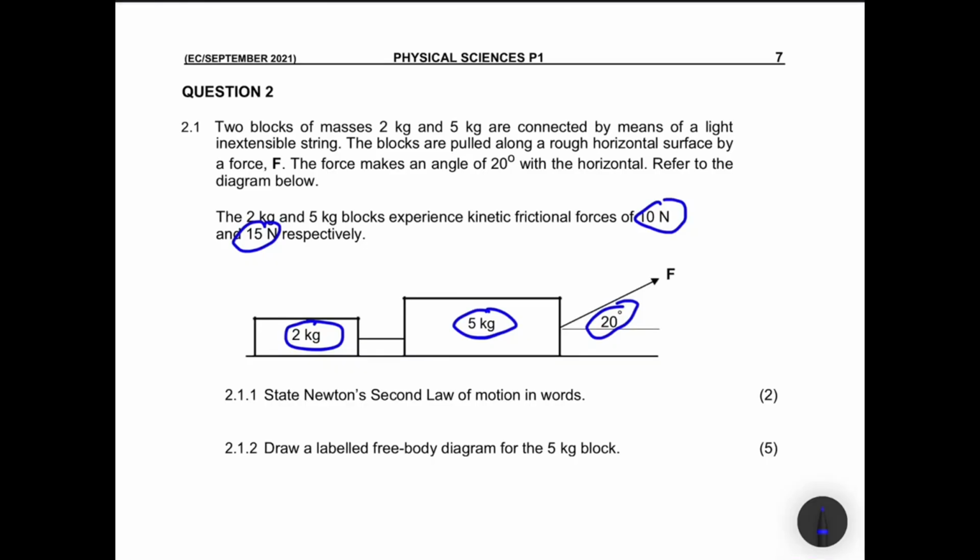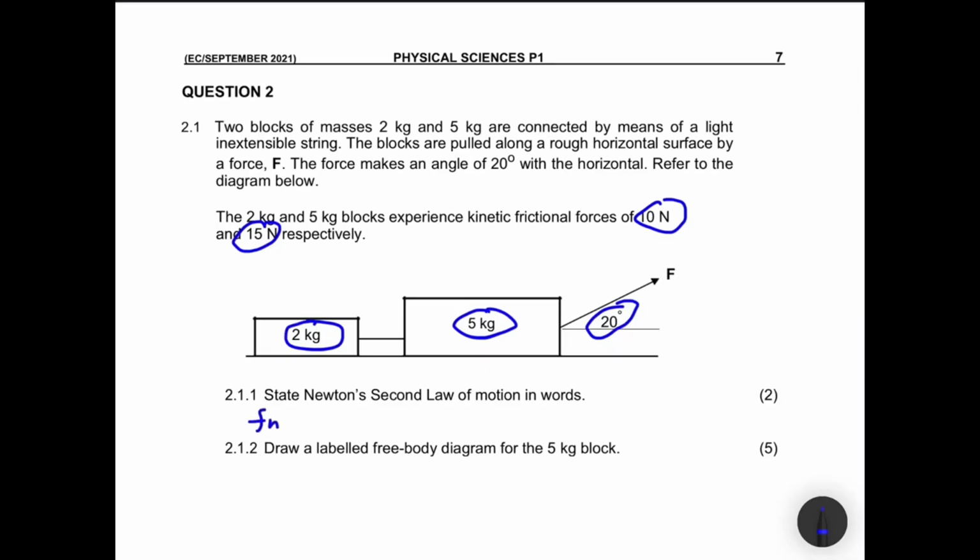And then the first question, 2.1.1, says let's state Newton's second law of motion. Again, Newton's second law of motion in words just states that when a non-zero resultant force is applied on an object, the object will accelerate in the direction of the non-zero resultant force with an acceleration directly proportional to the F net and inversely proportional to the mass, right?